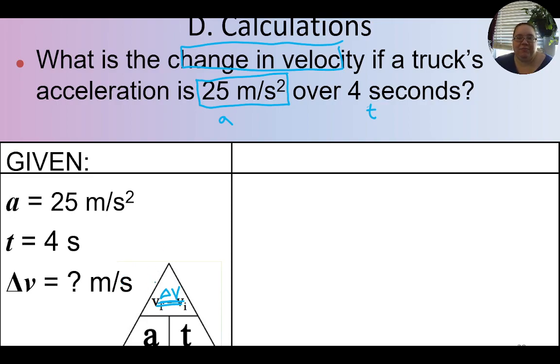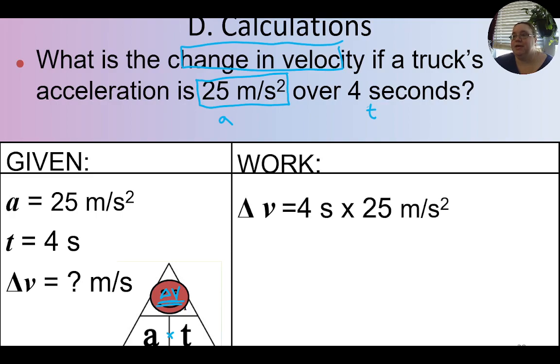So we cover up the top part and notice that this time we are multiplying. The other two times we had to divide because we were covering up one of the things at the bottom. But if we cover up the only thing on the top, that means we must multiply our two numbers. So 4 seconds times 25.